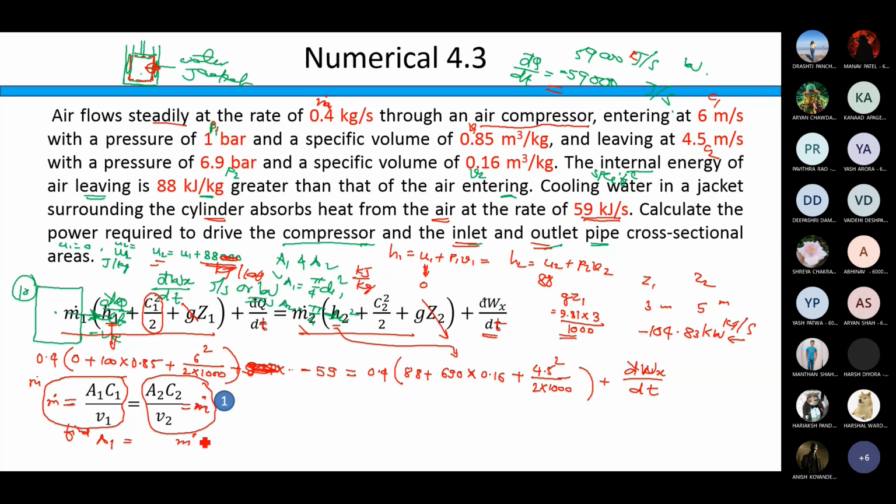So area will be in meter square. Now don't divide this expression by 1000 here. Let the velocity be in meter per second only. A1 in meter square and A2 also in meter square.